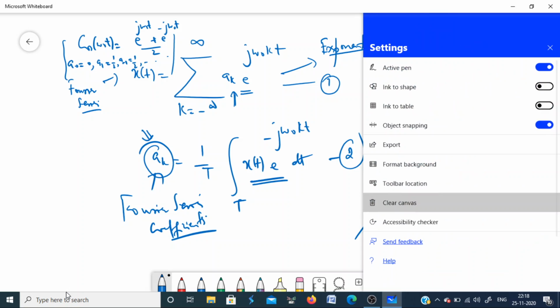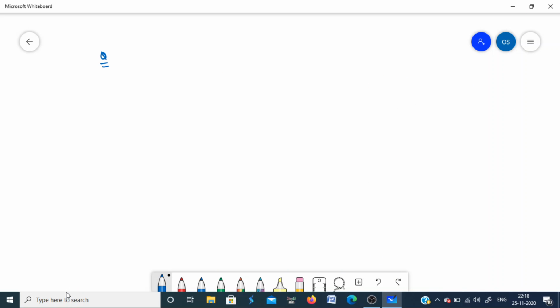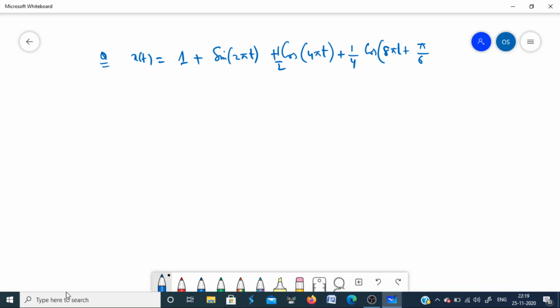Okay, so I give you a simple question for this. Suppose you have a signal x(t) equal to 1 plus, maybe, sine of 2 pi t plus 1 by 2 cos of 4 pi t plus 1 by 4 cos of 8 pi t plus pi by 6.